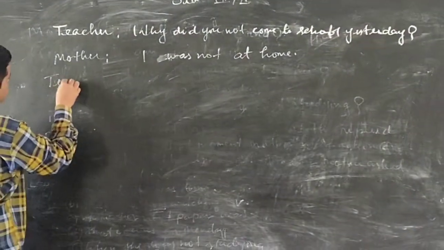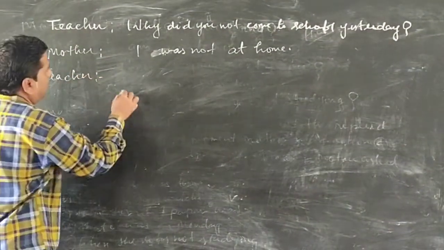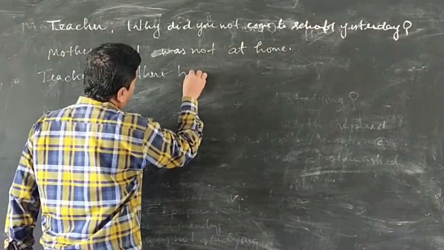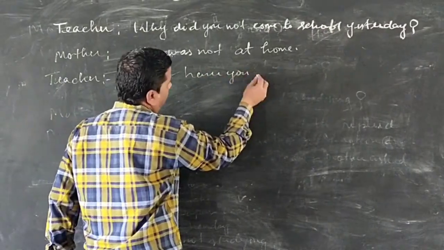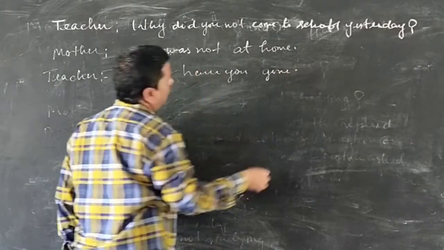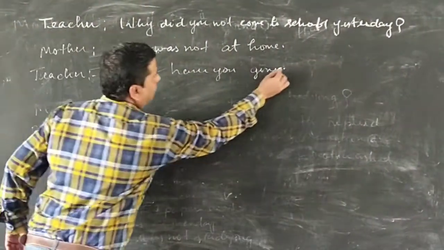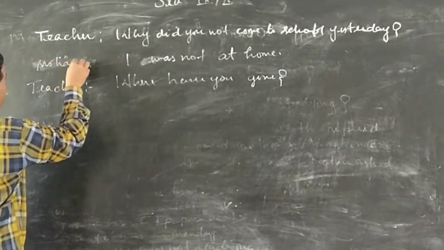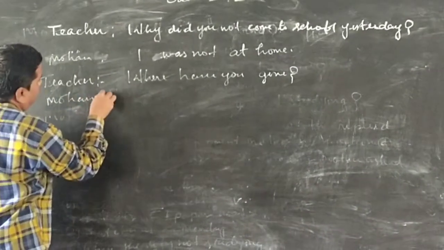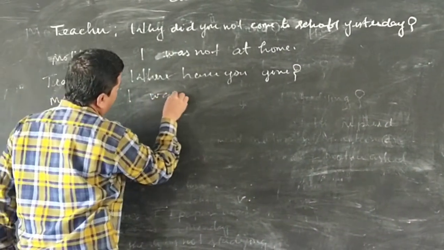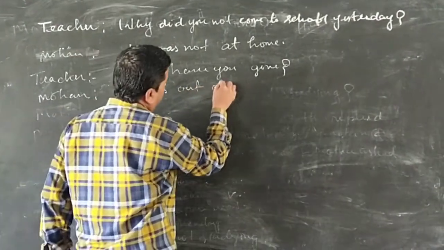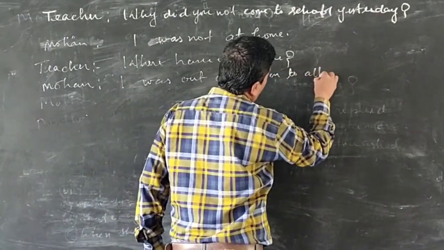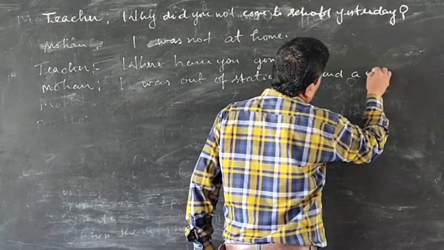Teacher again asked, where have you gone? Where have you gone, Mohan? I was out of station to attend a wedding.